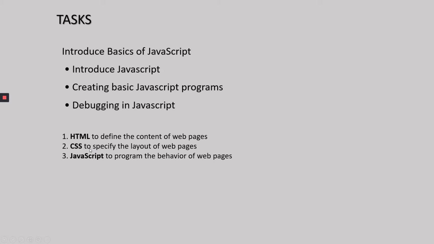If you have done the last assignment, I think you have dealt with this file, which specifies the layout of the web page, for example, the color of the paragraph or the float of the picture. And today we are going to go to JavaScript, which is used to program the behavior of the web pages, in charge of the interaction functions of the web page.